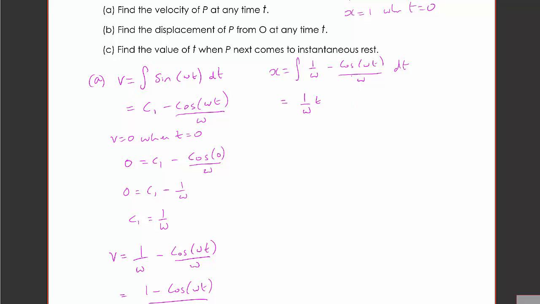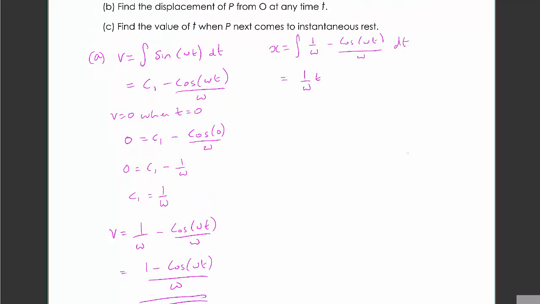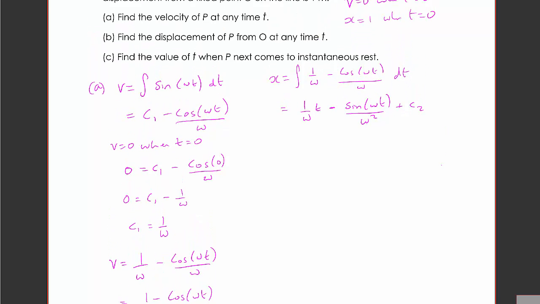Cos, so we want to integrate cos. Cos integrates to sine. So that's going to be minus sin(ωt). Another ω is going to come out and divide. And then we're going to get another constant, which we'll call c2.